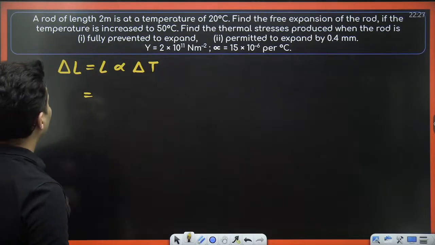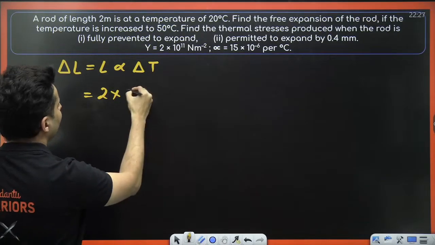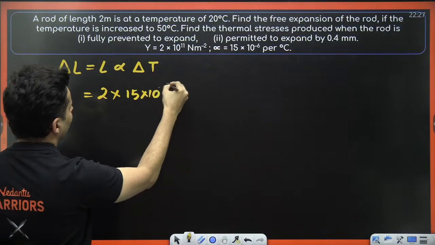What is L? Original length, that is 2. What is alpha? Alpha is 15 into 10 to the power minus 6.